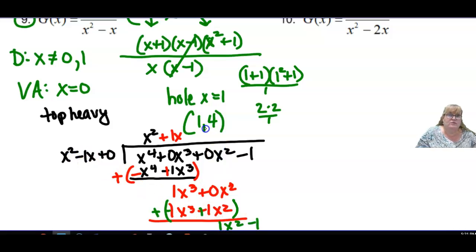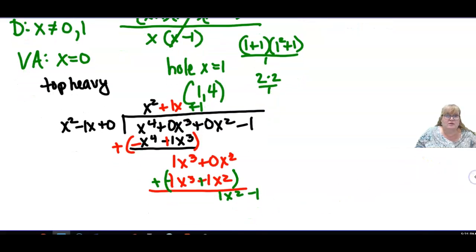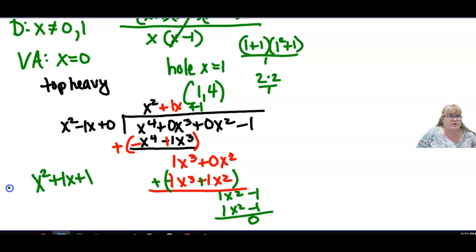And it still goes in there one time, which is 1x squared minus 1, and it goes in evenly. So we ended up with x squared plus 1x plus 1 as a parabola. That is our end behavior, a quadratic asymptote.